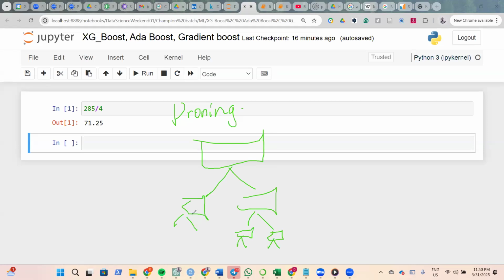So the XGBoost framework has inbuilt systems to handle the number of splits that a decision tree is going to make: when is it going to stop splitting and when is it going to continue splitting? It has inbuilt parameters that help it know when to stop and when to continue splitting. So what are these inbuilt parameters? That's what we're going to look at.